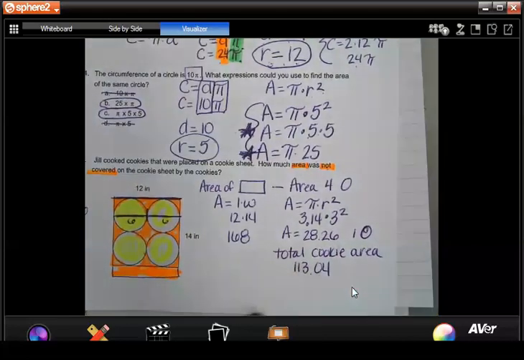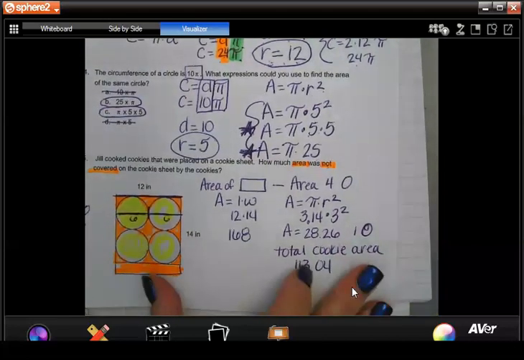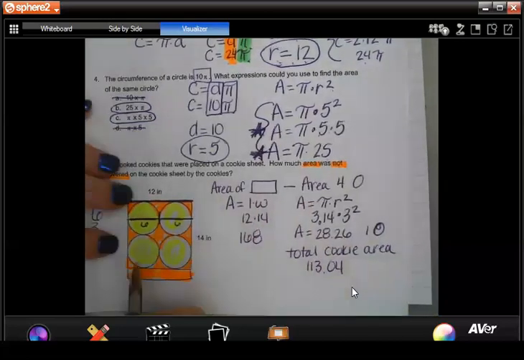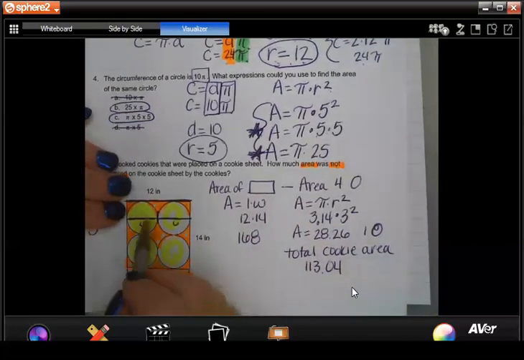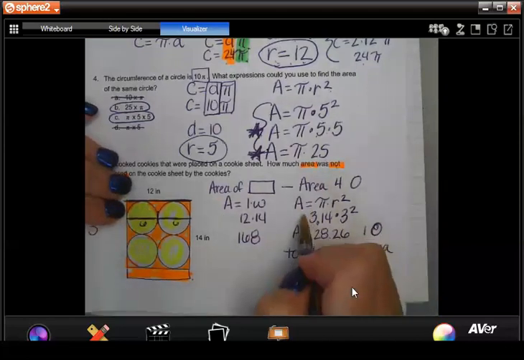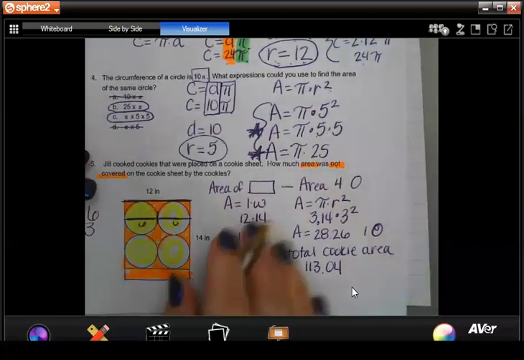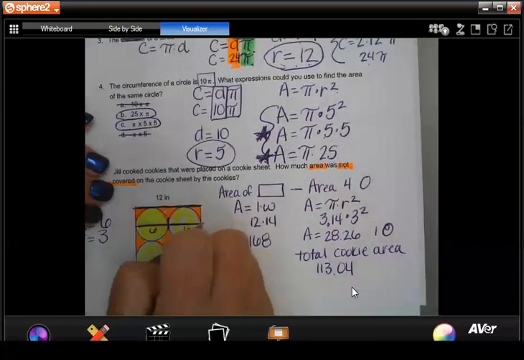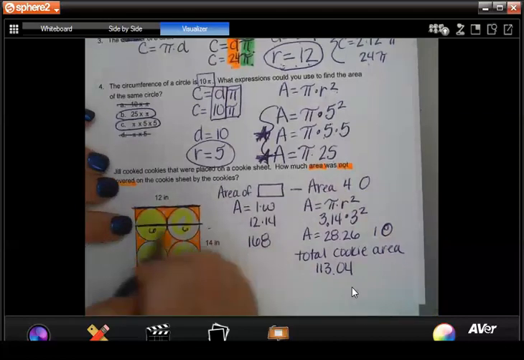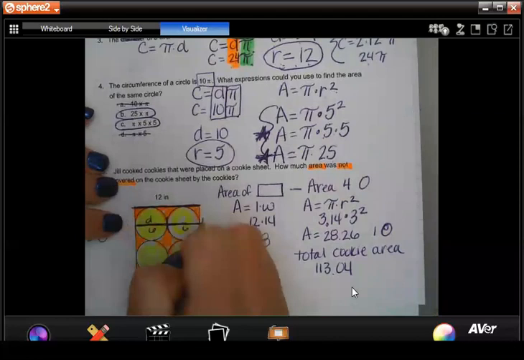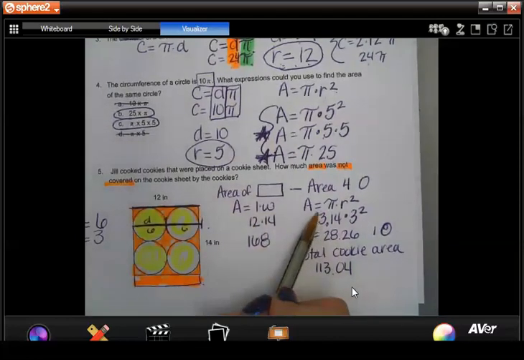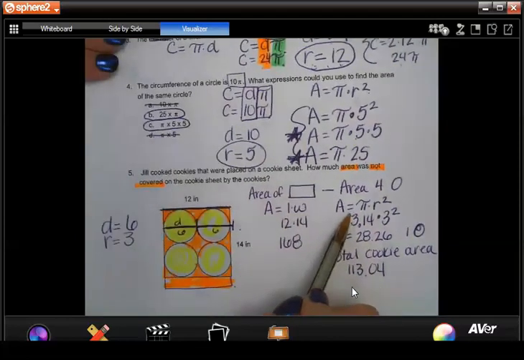Okay, so let's go through what I did. I found the area of my rectangle right here, the whole thing, 12 by 14. Then I found the area of one of my cookies, one of the circles. To do that, I knew that this whole distance was 12. So each diameter was 6. But area of a circle doesn't use diameter, it uses radius.